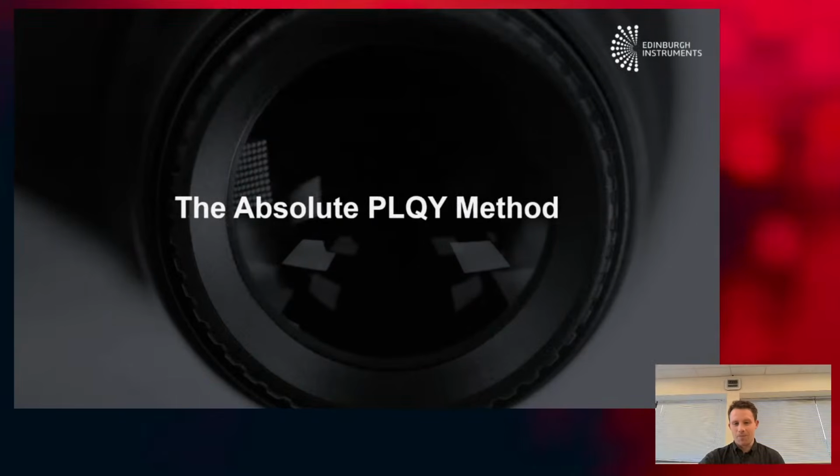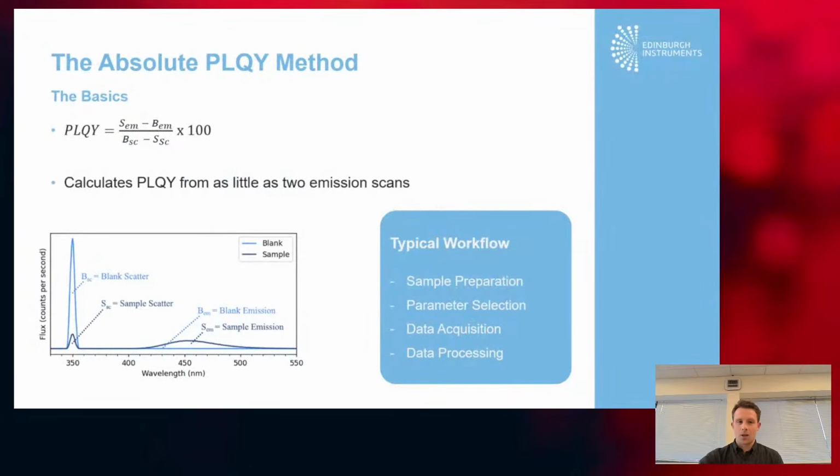Thanks, Grant. So yeah, in this part of the presentation, I'll go over the absolute PLQY method and go over how to measure it using the FluorMan software. So PLQY, as Grant mentioned, is measured by measuring the proportion of light that's emitted versus the proportion of light that's absorbed.